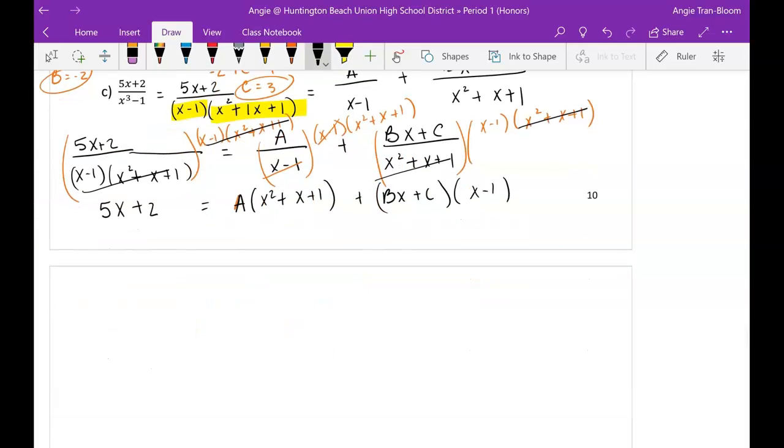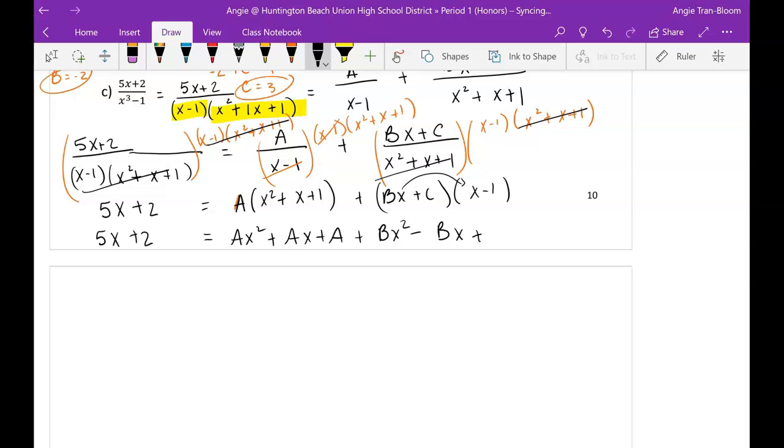So now by distribution, slowly, I will have ax squared plus ax plus a. Now this is going to be distribution, so bx times that is going to be bx squared minus bx plus cx minus c.